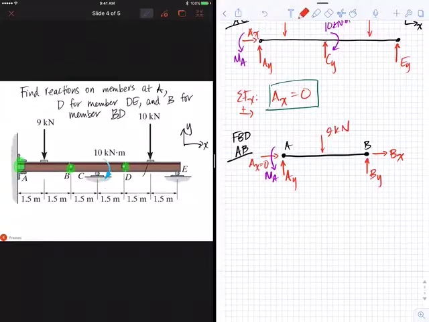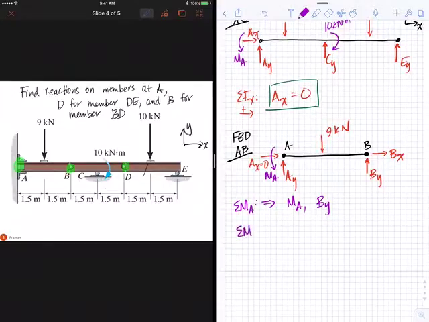Let's see what happens. I'm thinking this is not going to be so good, right? We could take the sum of moments at A, but if we do that, we're still going to have MA and BY in our equation as unknowns.